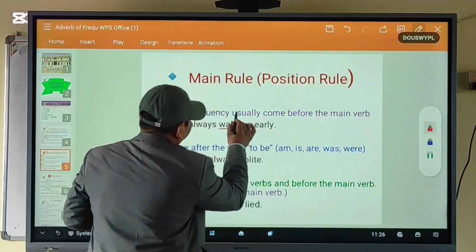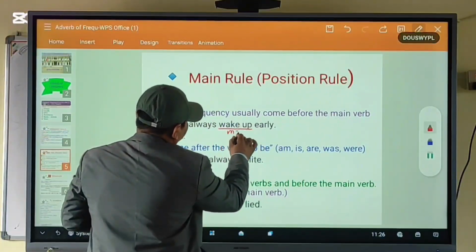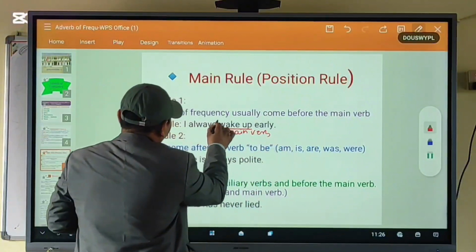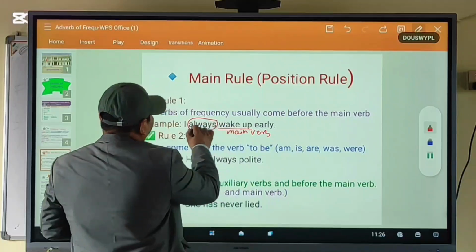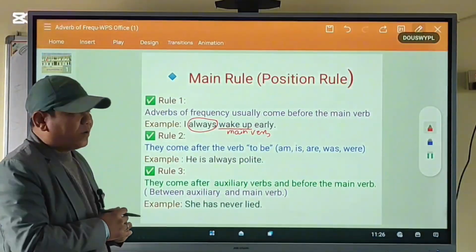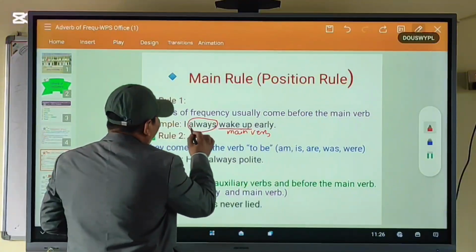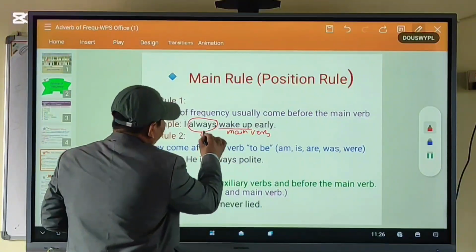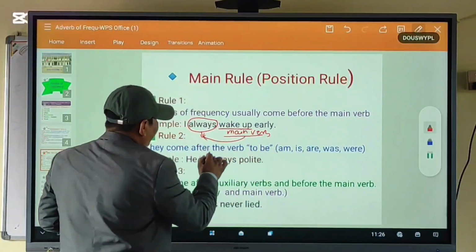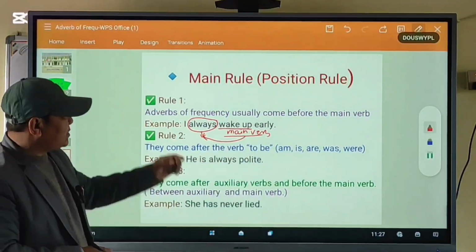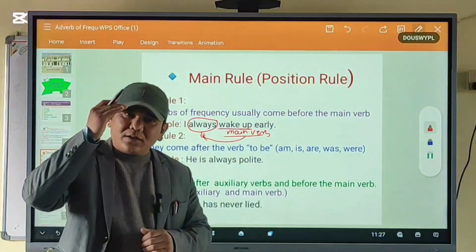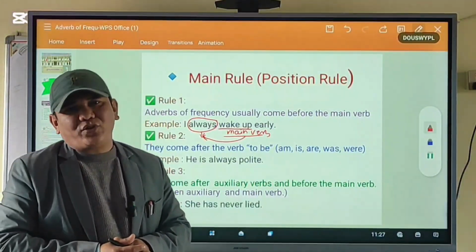This is the main verb. And this is an adverb of frequency. I have used this adverb of frequency before the main verb. Look at this. This is the first rule of using the adverbs of frequency.